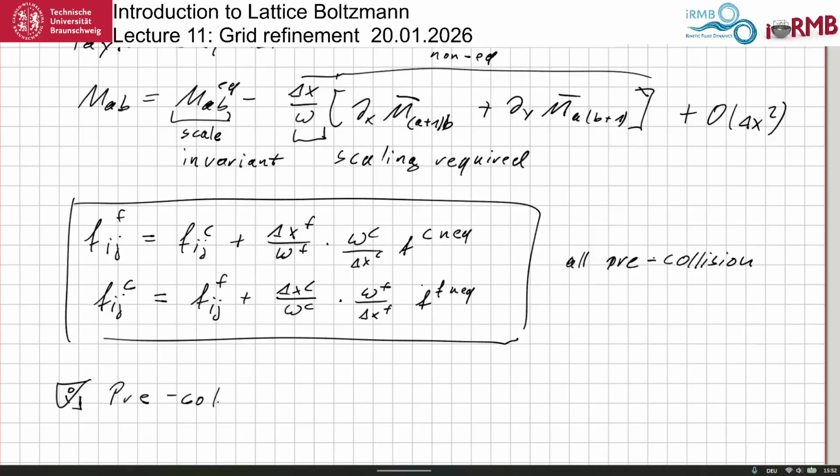There are very nice times where you make a very simple change and you can write a paper. So these times are over. Doing something obvious, yeah. Pre-collision is preferred over post-collision.